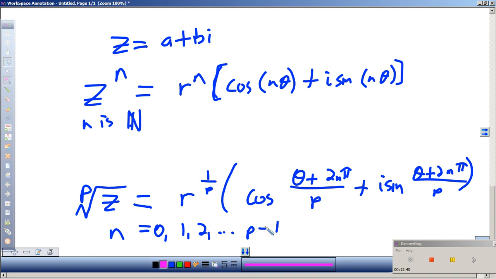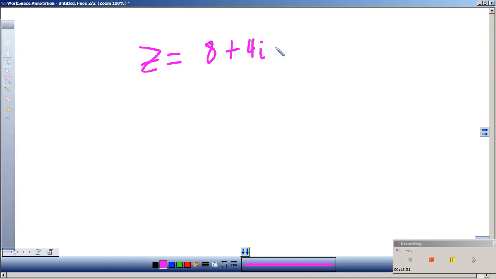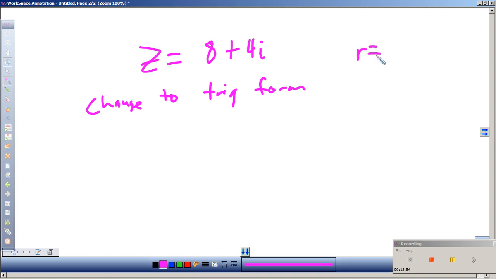Okay, so let's see. First, let's say z equals 8 plus 4i. Change it to trig form. What should we do? Okay, so we can get r equals what?